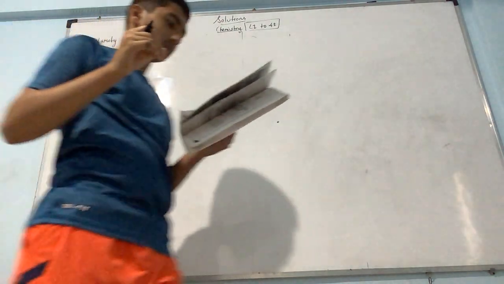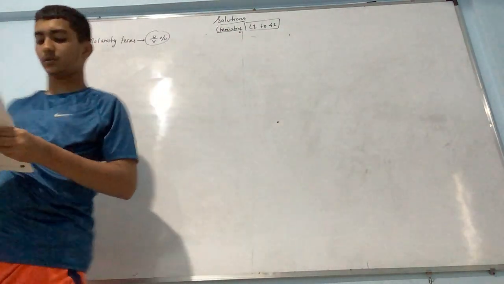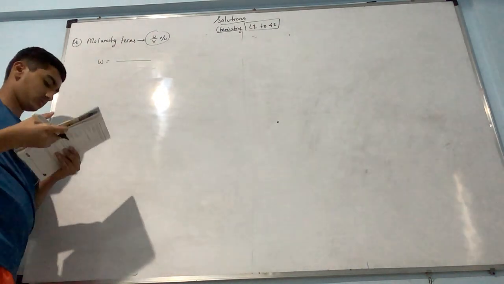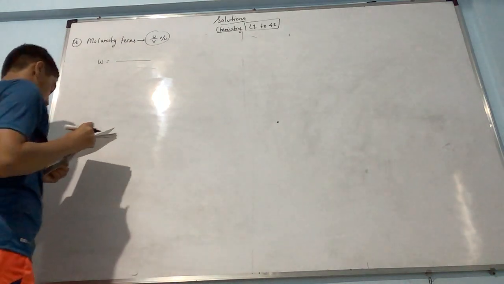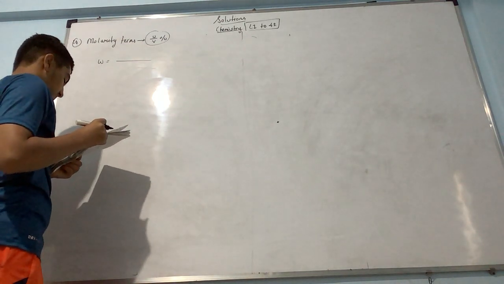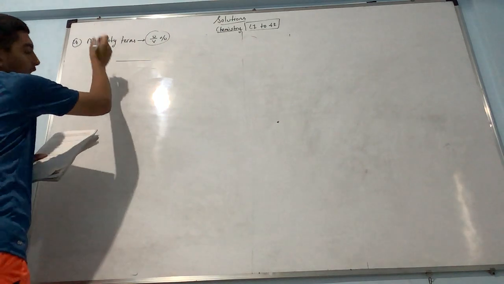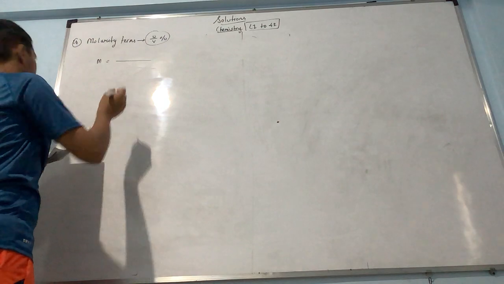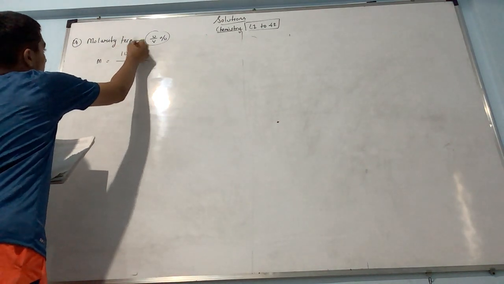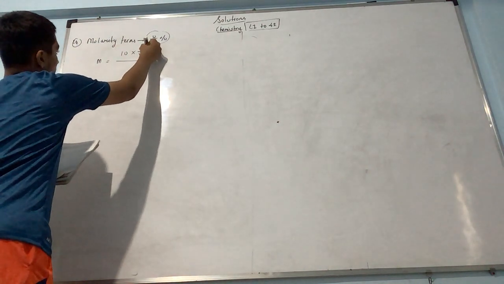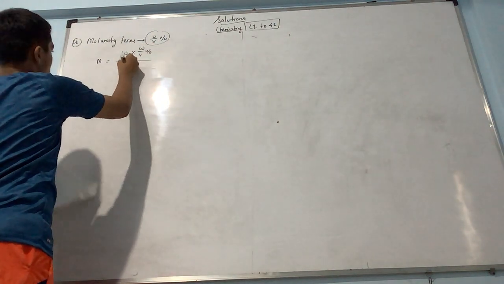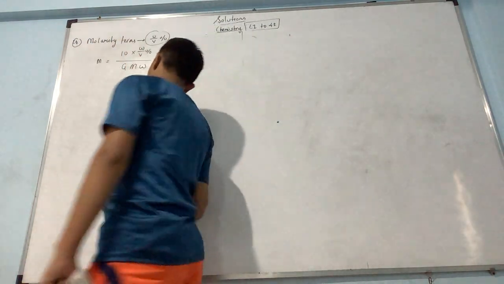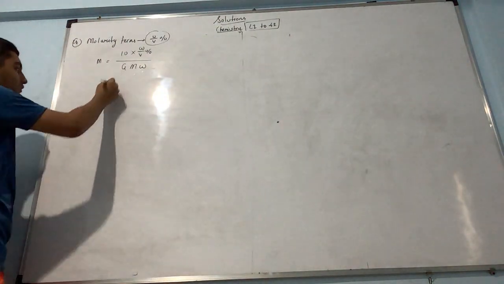Then what I will do, we have the formula W is equal to... sorry, not W. We are finding molarity, so M. M is equal to 10 multiplied by WV percentage upon GMW, gram molecular mass. I will just make a note here.